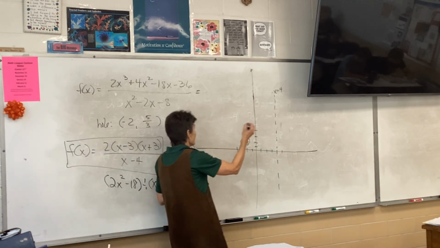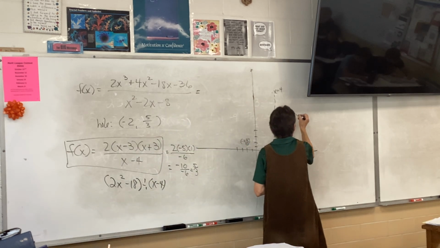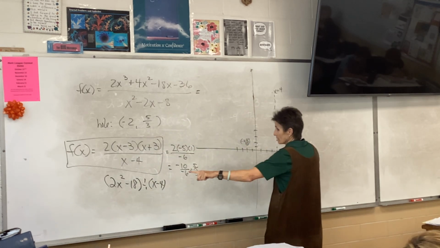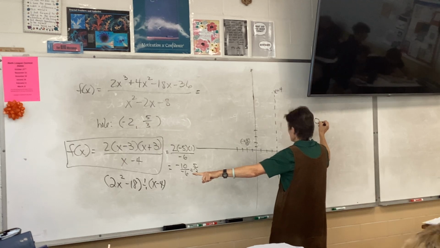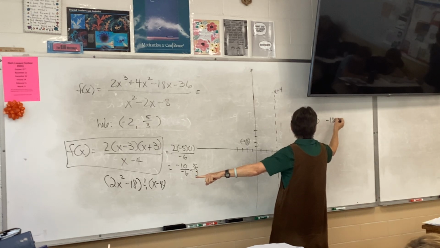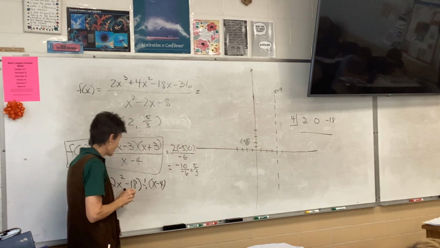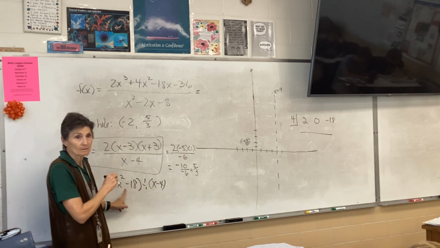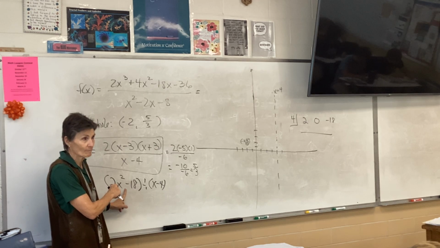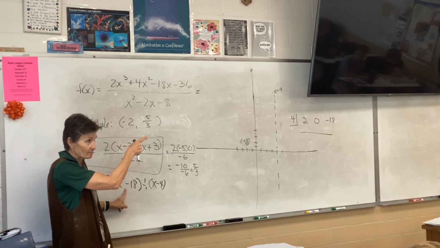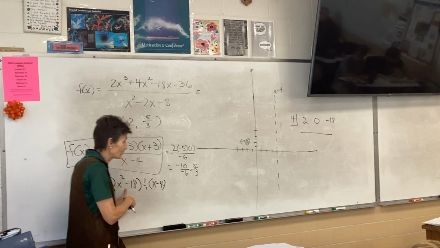So when I do that division, don't forget to put the 0 in there. I can't remember if we talked about that or not. When you do synthetic division, if there's something missing, would you agree I have no x term? You have to put a 0 in. You remember that from your past?